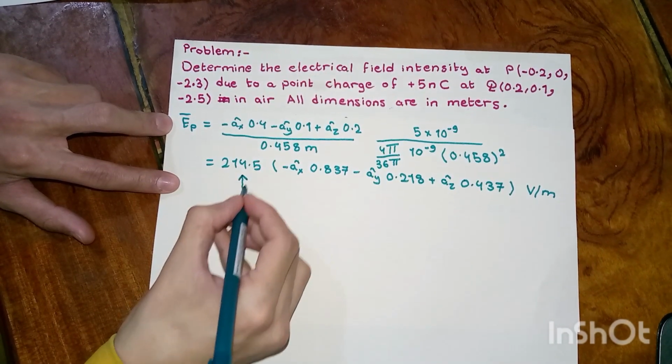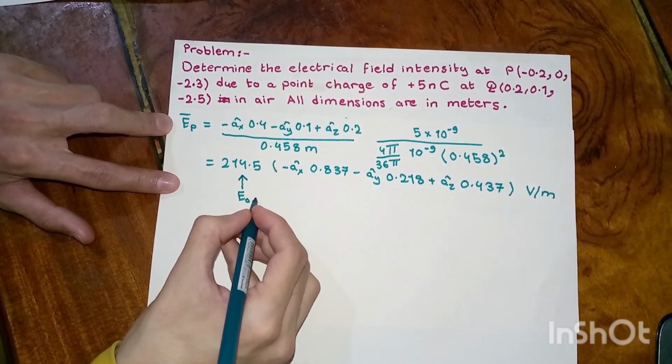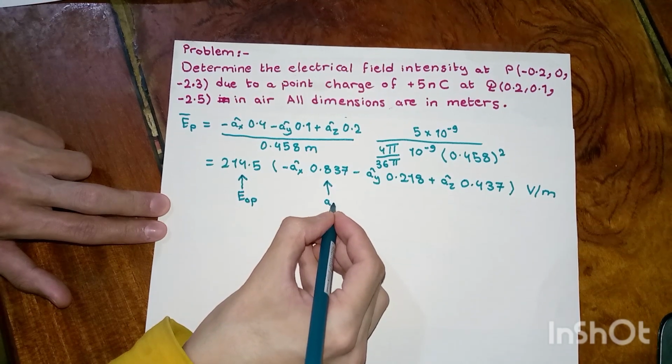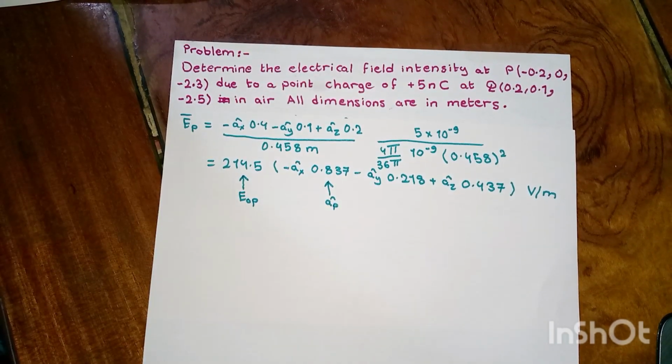This is the amplitude of the electrical field intensity vector, and this is the unit vector a sub p. See you soon in another lesson.